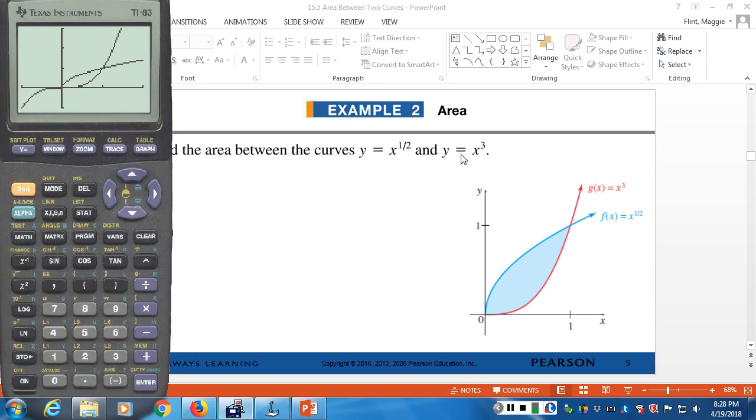But the other part is not as easy, so what we want to do is find out the x value where they intersect here. So we go to second trace, choose number 5, and hit enter 3 times. So our second intersection point is at x equals 1. That means we're going to integrate this from 0 to 1.